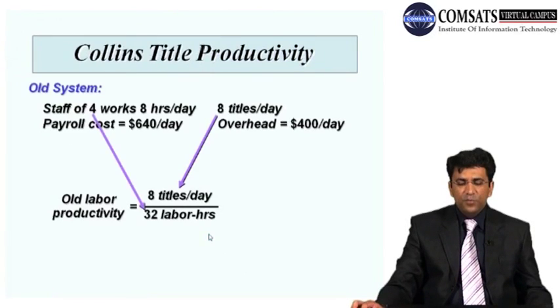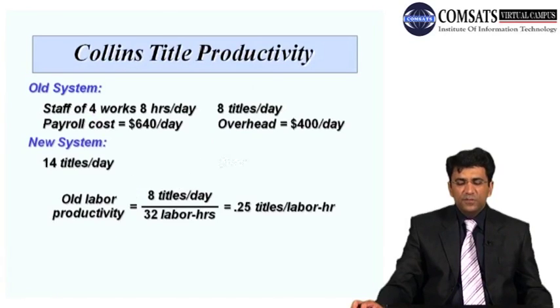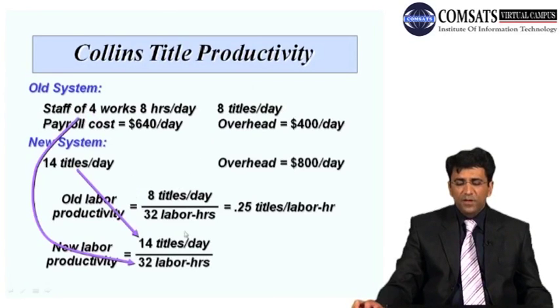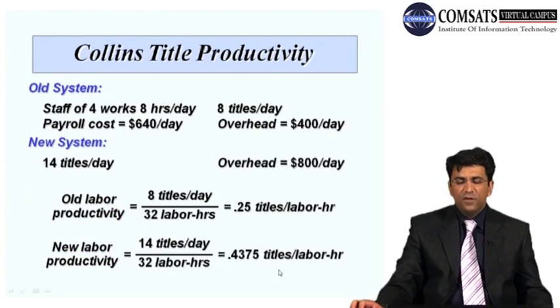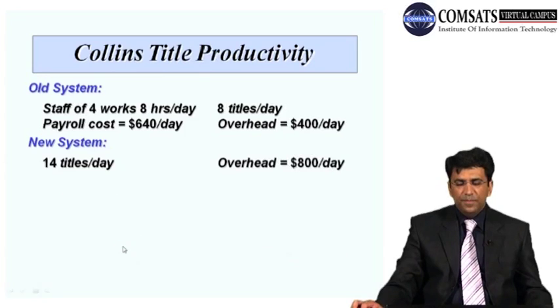So our productivity with the new system will be 14 titles per day divided by 32 labor hours, and it will be equal to 0.4375 titles per labor hour. So this is our new productivity. In this way, students, we can calculate the productivity with the old system as well as the productivity with the new system.